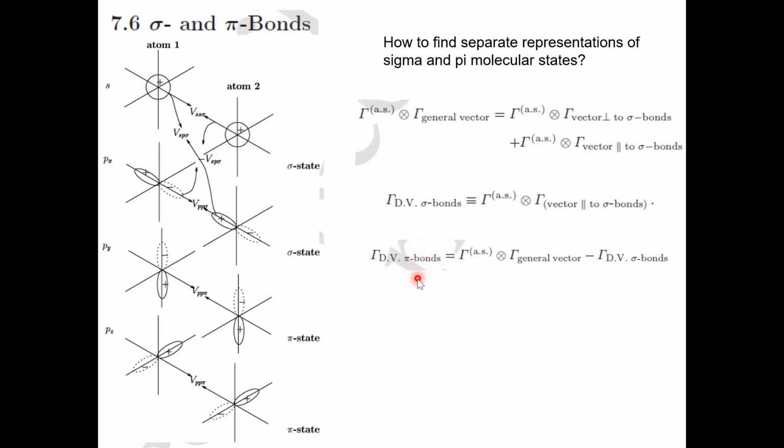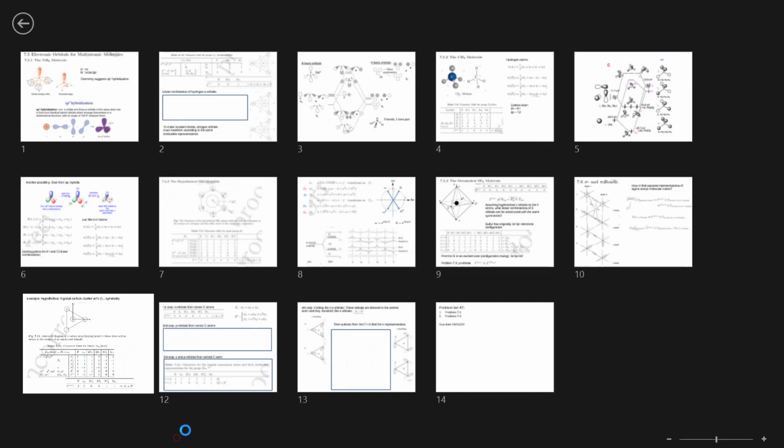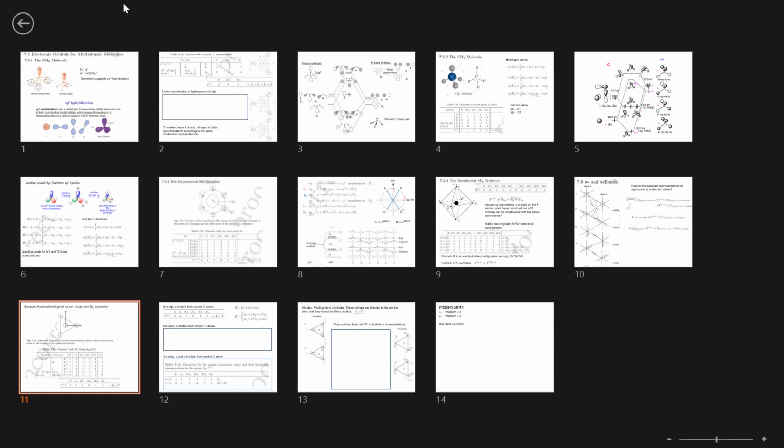Okay, I think this will get more clear when I discuss an example, so let's do this. This is a hypothetical molecule: a carbon 4 cluster, 4 carbon atoms arranged in D3H symmetry. This doesn't exist in nature, I think.